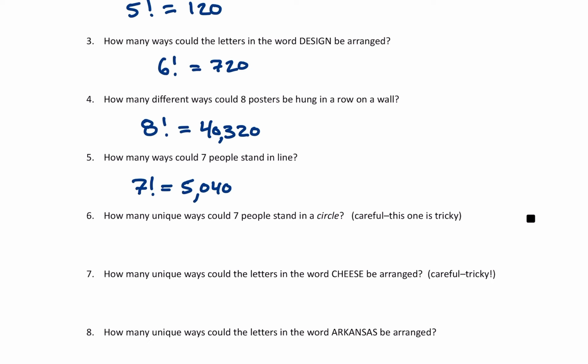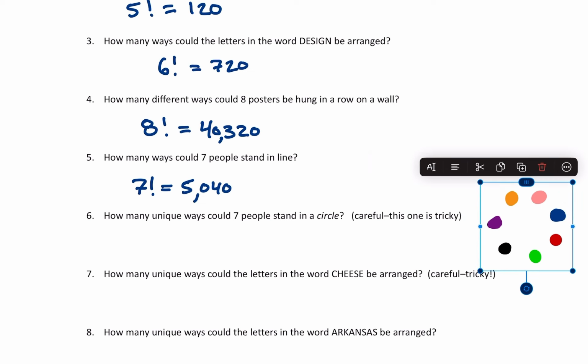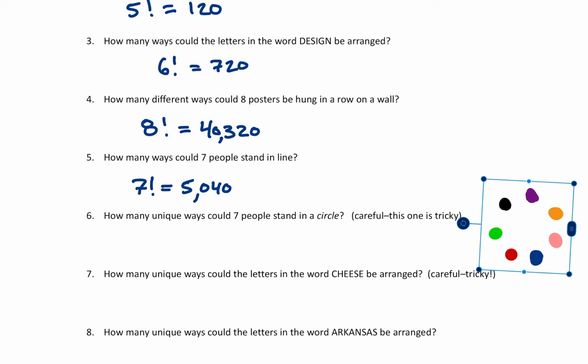Okay, now this one's a bit different. How many unique ways could 7 people stand in a circle? Now, if 7 people are in a circle, you can move them around a whole lot and make a lot of different unique ways, just like in the last one. But if you think about a circle and you have 7 different people in it, like here, we can take our circle and we can rotate it a little bit.